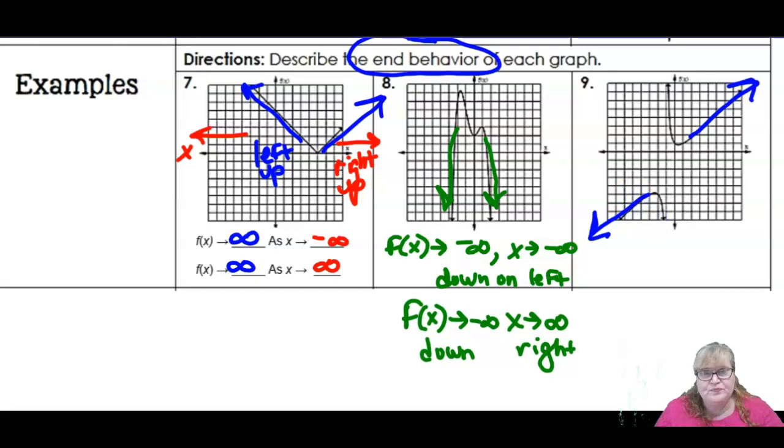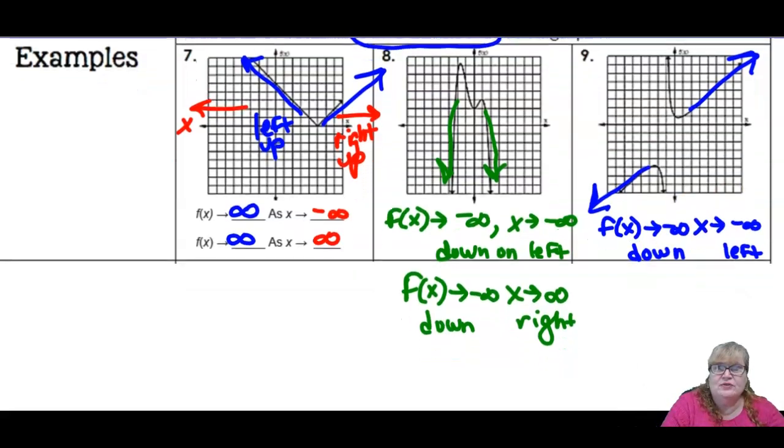So to say that it is going down on the left, as x goes further to the left, the y values, or f of x, are going down, -infinity. So this means on the left, it's going down.